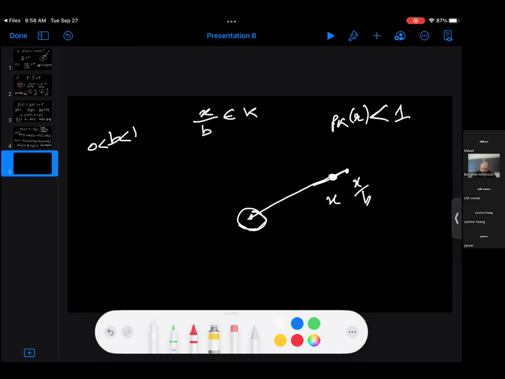And since k is convex, you have all this object. I can draw here because it's convex.